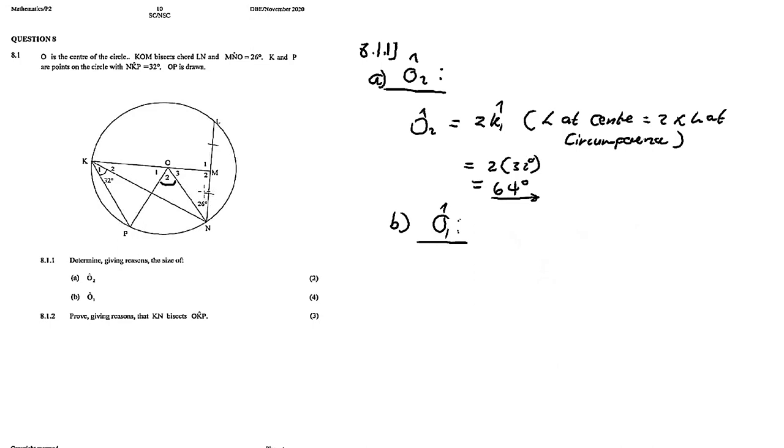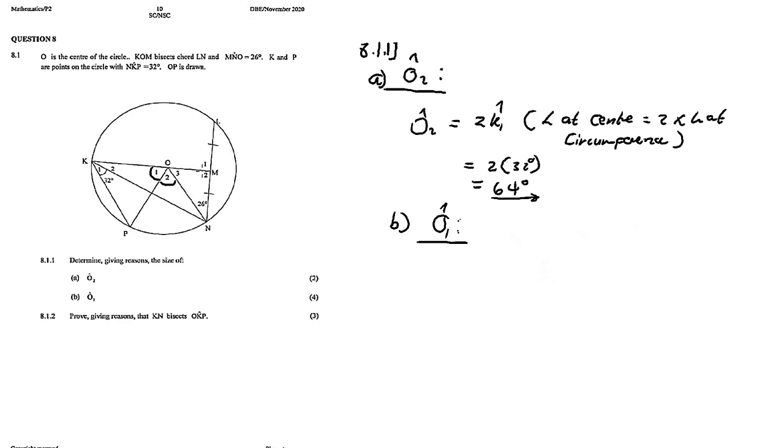But look: if we combine O1 as well as O2, this is theorem 1, and theorem 1 says this line is perpendicular to this line.